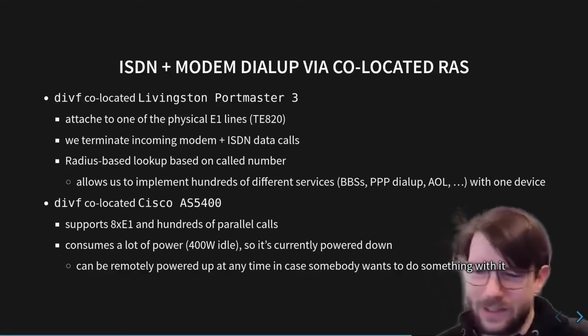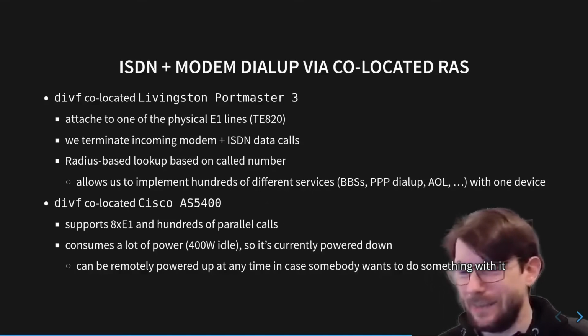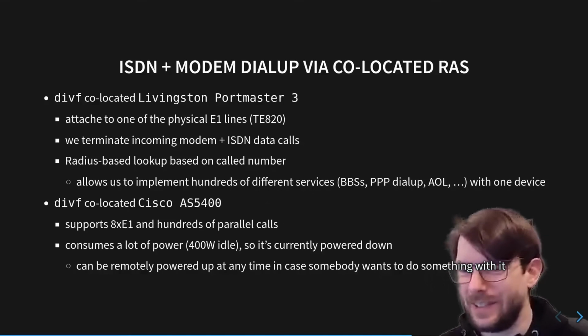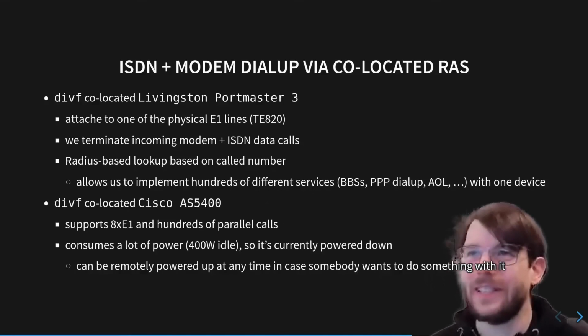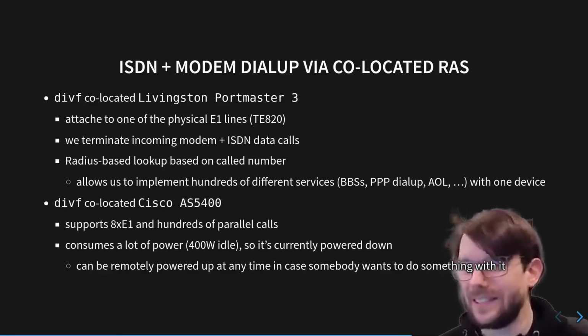We can switch it on at any time somebody wants to use it, but as long as nobody has a use case for it, I think we can spare 400 watts of power consumption. I mean, we get sponsoring from an ISP, but still, we should have a look at the environment and not abuse it if we don't really do anything with it.